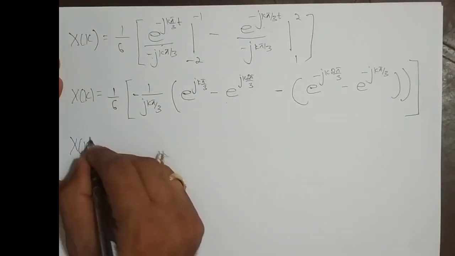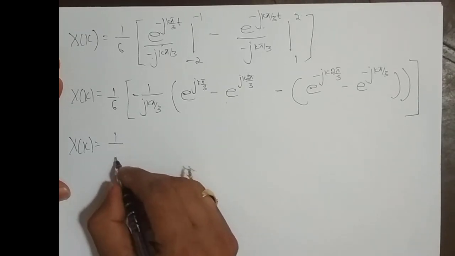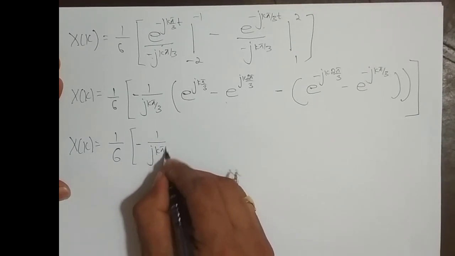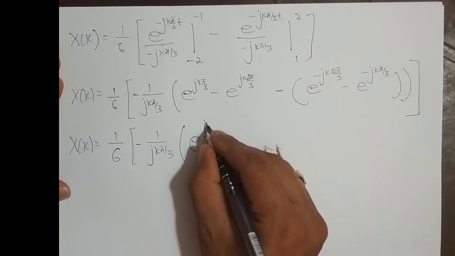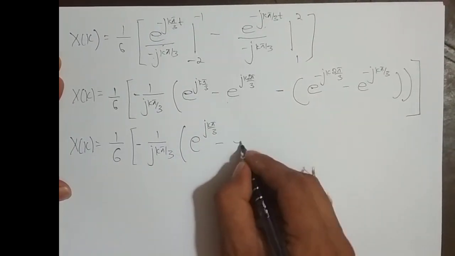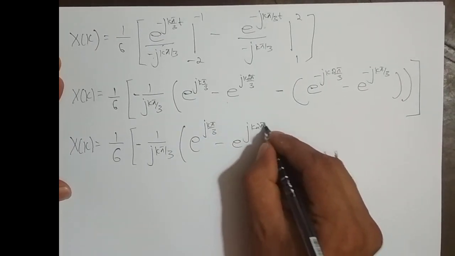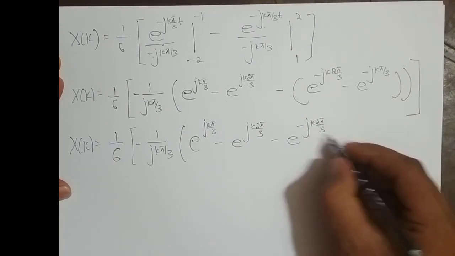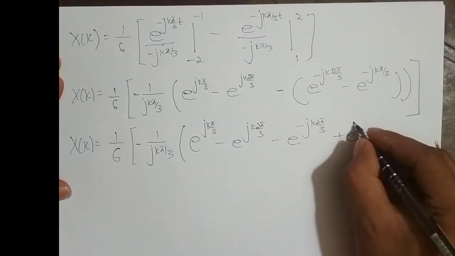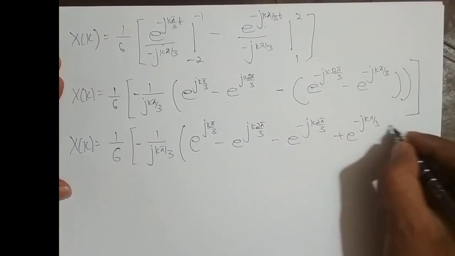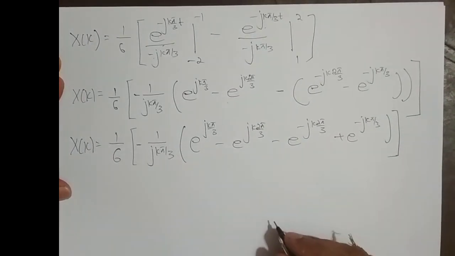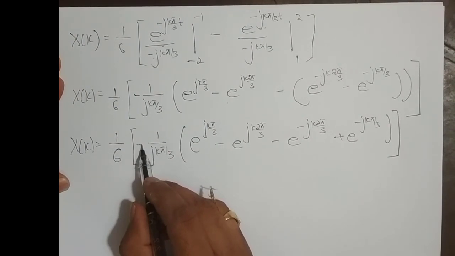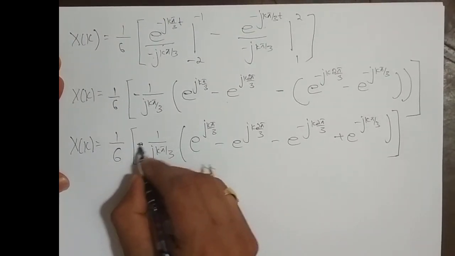X of k is equal to 1 by 6 into minus of 1 divided by j k pi by 3 e power j k pi by 3 minus e power j k 2 pi by 3 minus e power minus j k 2 pi by 3 minus into minus plus e power minus j k pi by 3, right? Now if I take this minus inside, what happens, this becomes plus.